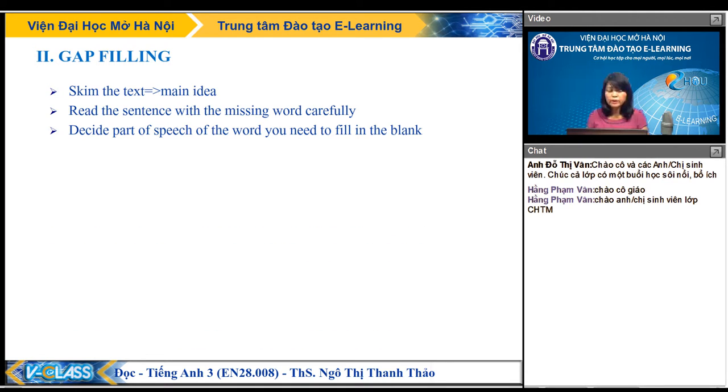Third one, decide the part of speech of the word you need to fill in the blank. Fourth one, look at the suggested answers and choose the best one. So here are 4 different steps you should bear in mind when you do a gap filling exercise.